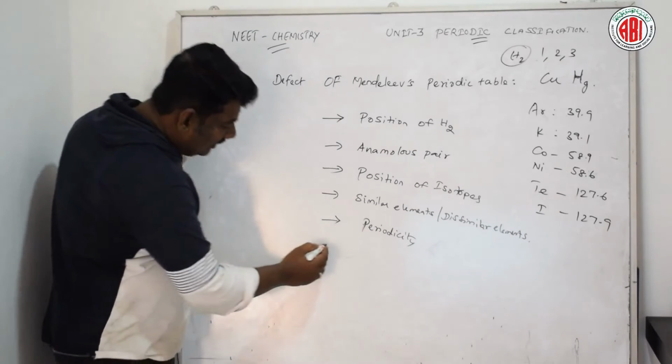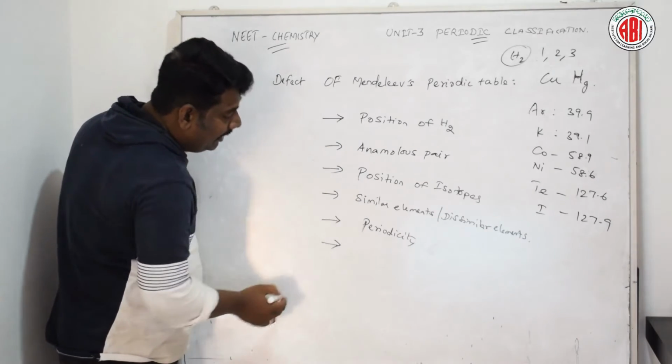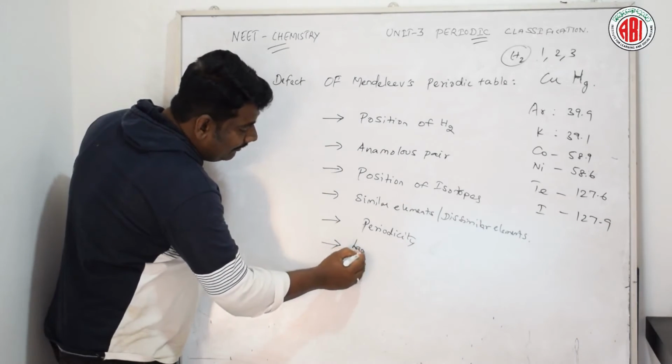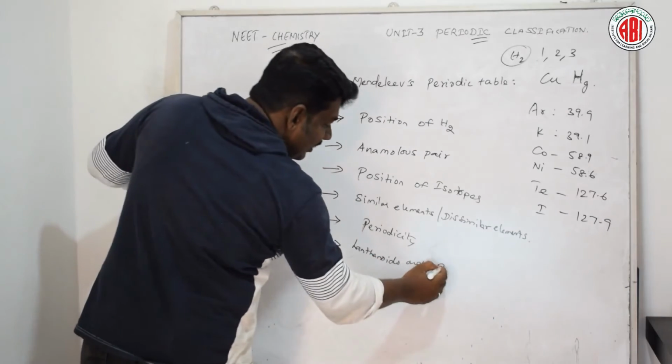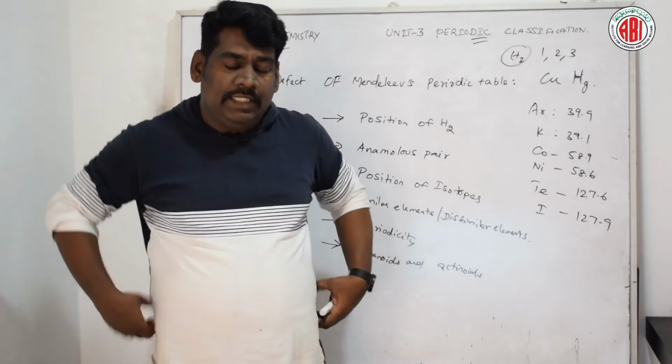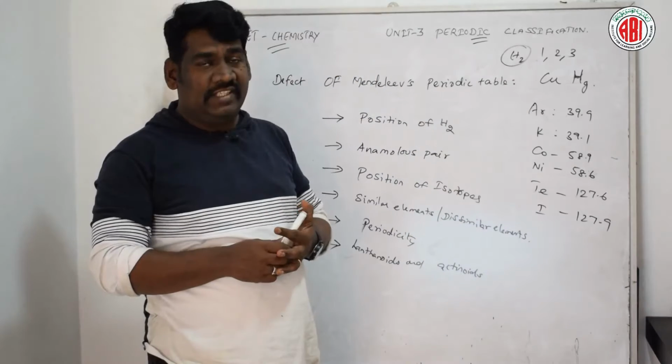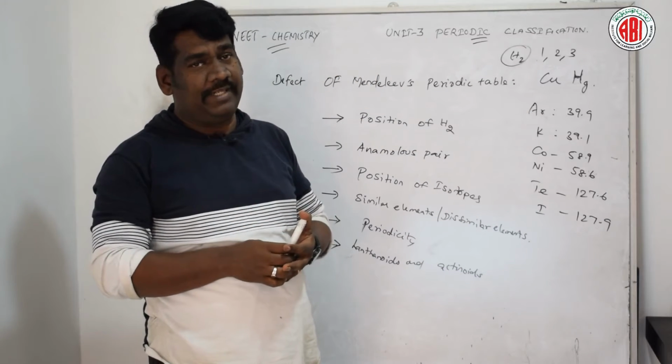Similarly, the last category of defect of the Mendeleev periodic table is lanthanides and actinides. Like the position of hydrogen, the position of lanthanides and actinides is also a controversy in the Mendeleev periodic table.